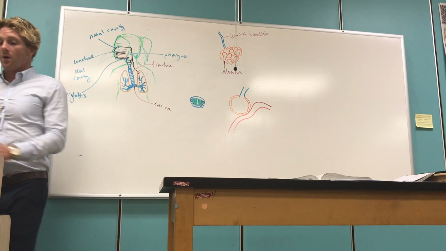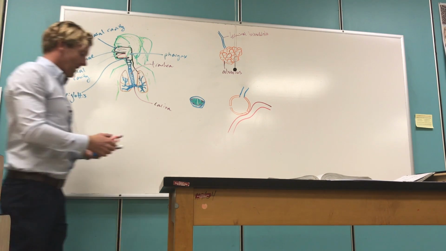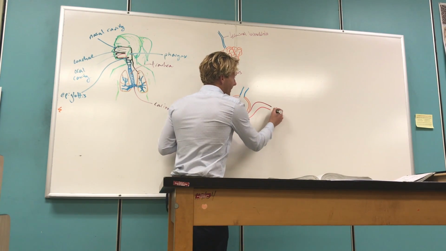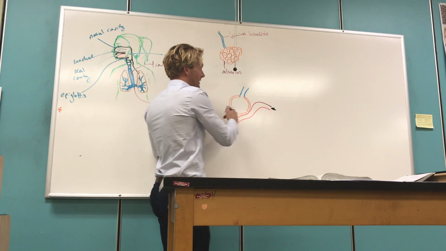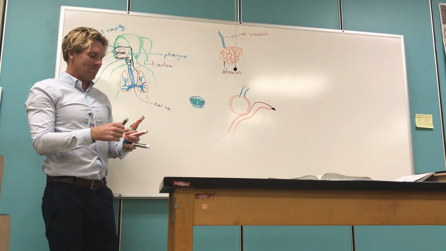Now, we need to talk about the concentration of oxygen and CO2. This is blood that is returning from the body. So it's already been to the body, and it's coming back to the lungs. Does it have a little bit of oxygen or a lot of oxygen? A little.